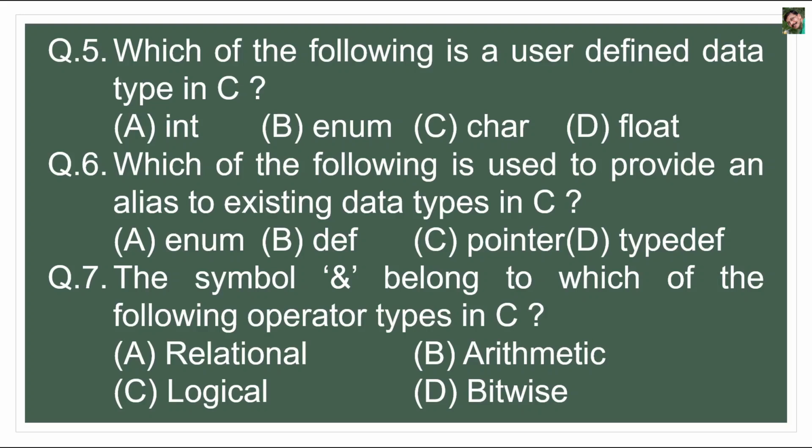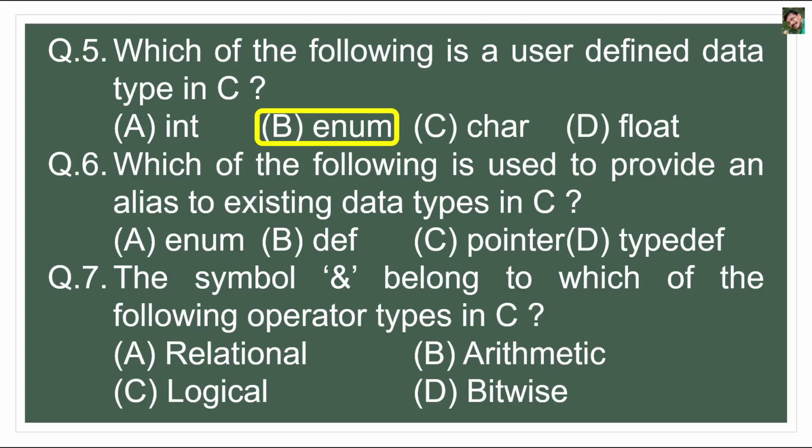Integer is wrong because integer is provided by C. Option C, char, is also wrong. It is also provided by C. Float is also provided by C. So the correct answer would be B, enum. Enum is for enumerated data type. It is called enumerated data type, where the user defines his or her own data type in C.